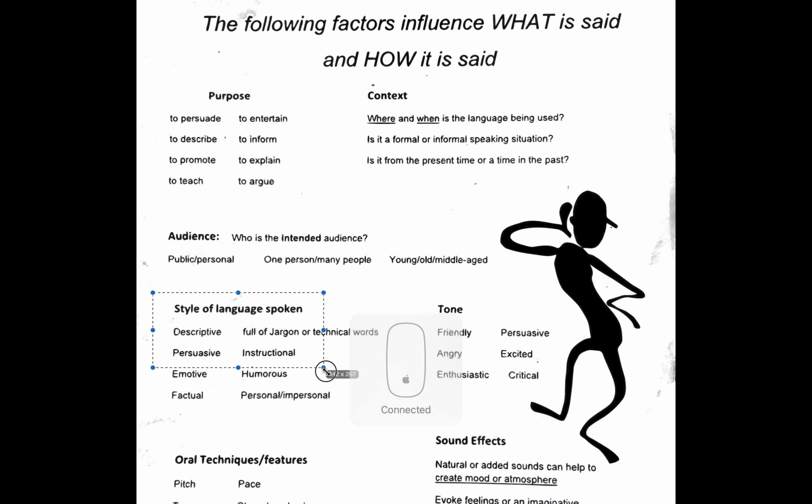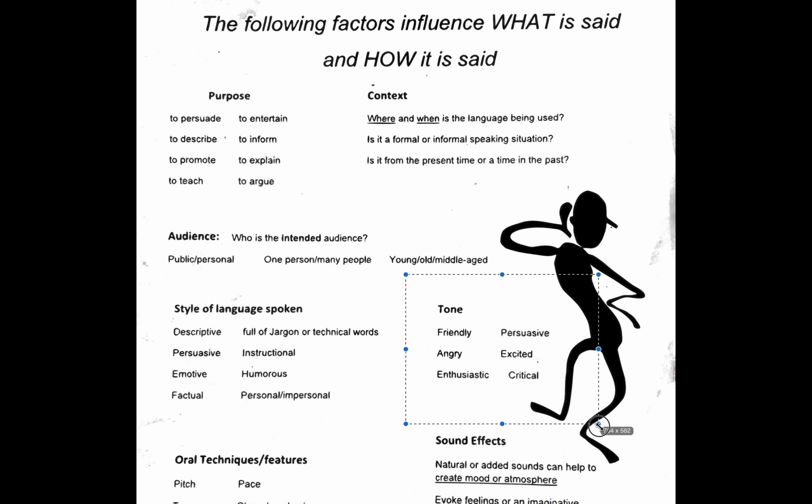So these are kind of like techniques. Style of language is very important because that gives you a feeling of whether it is formal or informal, and also the tone. There are only 6 words here to describe tone, but there are many, many more. And this is something I'm going to teach you throughout the year.